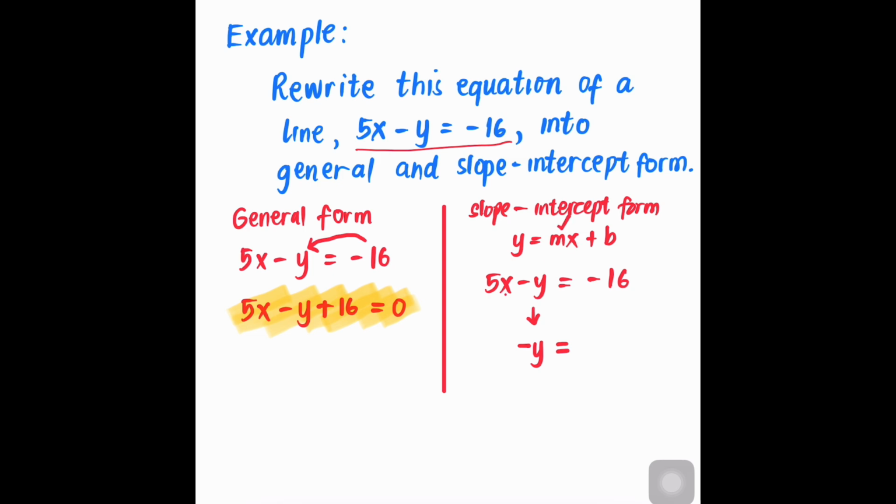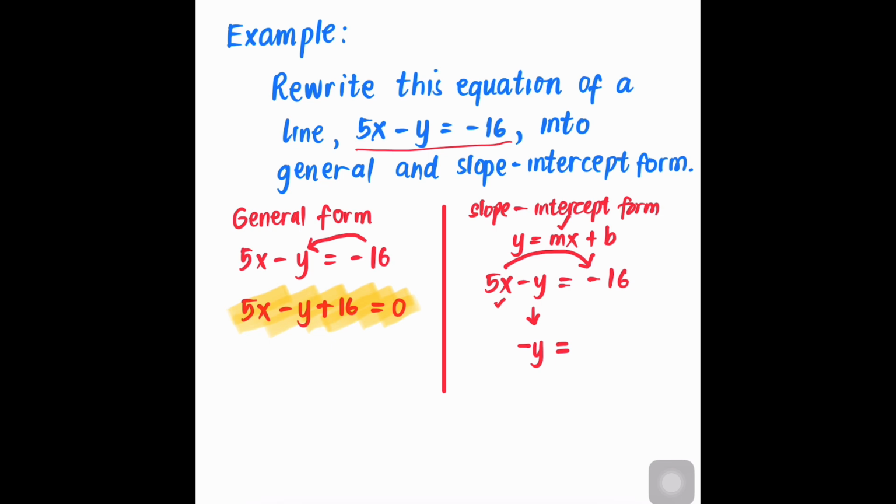So from here, it's actually the 5x. So 5x is actually on the left-hand side of the equation. And based on the form, the x term must be separated from the y term. So we have to move the 5x over to the right.